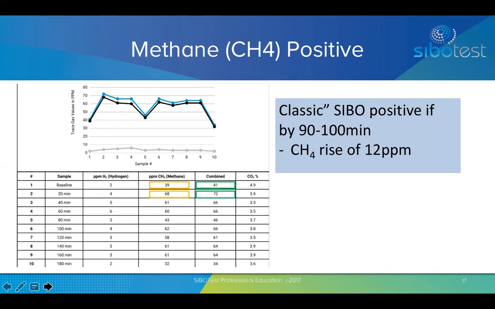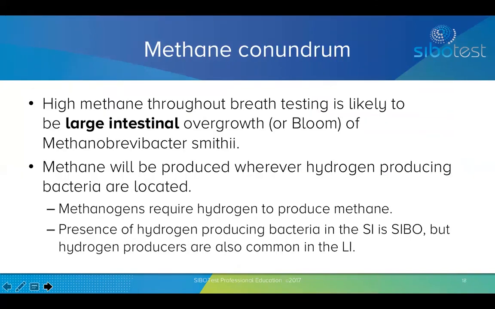We do, however, have a methane conundrum, as I like to call it, and that is that high methane throughout breath testing is likely also to be large intestinal overgrowth, or what we call a bloom of Methanobrevibacter smithii. It's quite common to have that in the colon, actually, and a lot of people have Methanobrevibacter and have methane levels, but are actually asymptomatic.